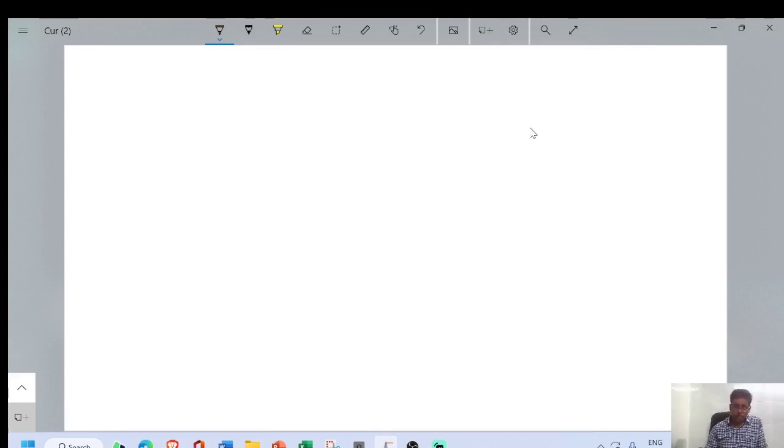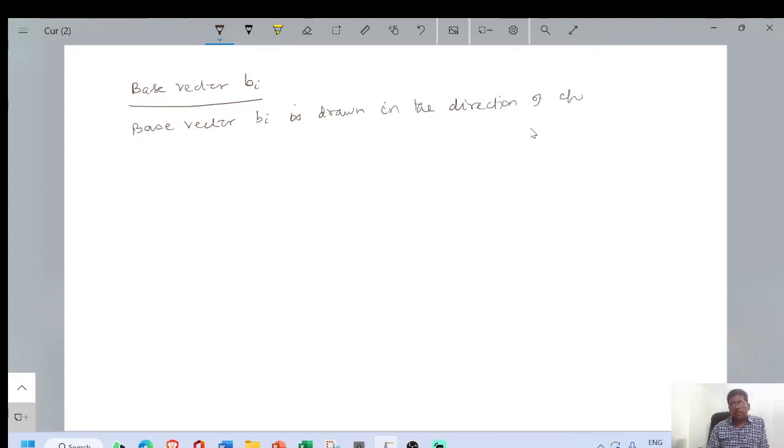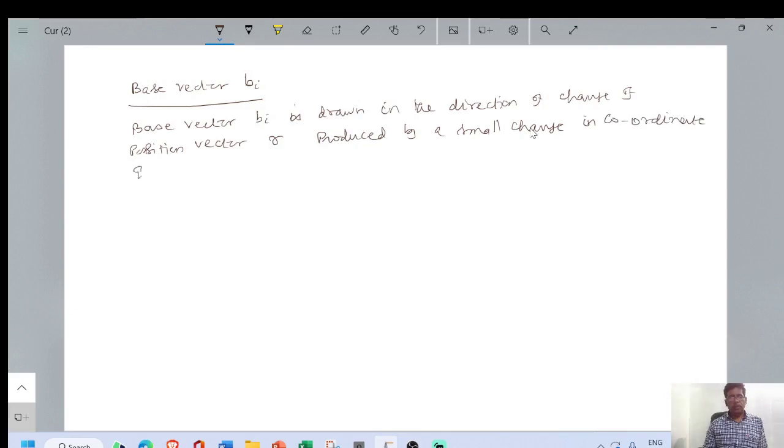Now we have to define a base vector Bi. Base vector Bi is drawn in the direction of change of position vector R produced by a small change in coordinate qi.